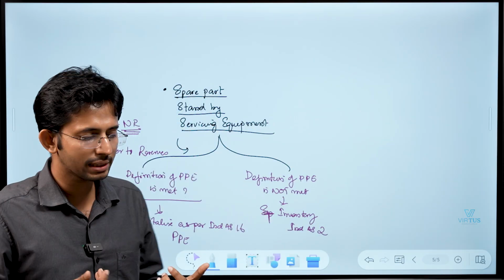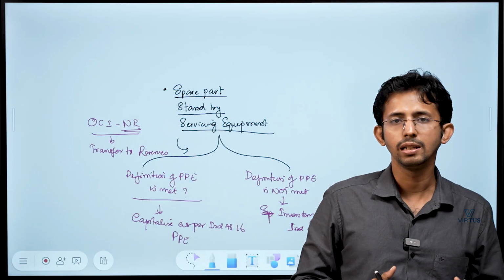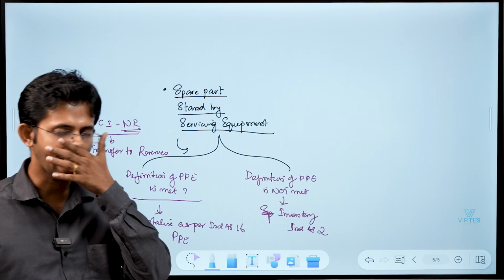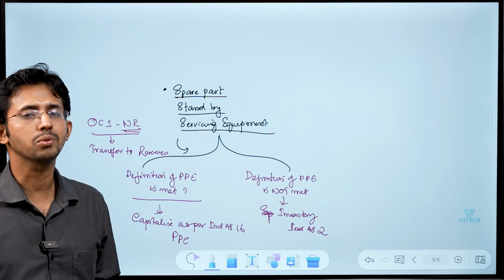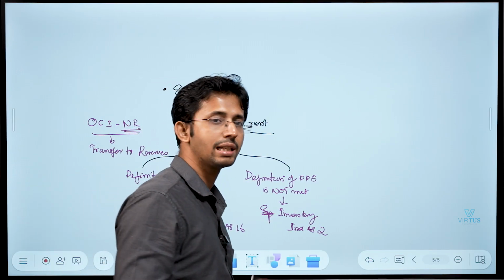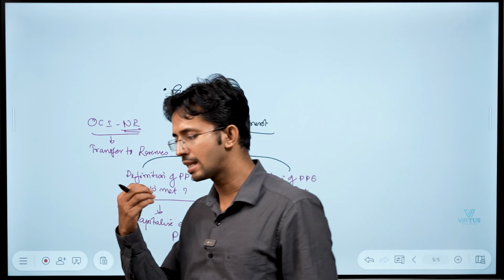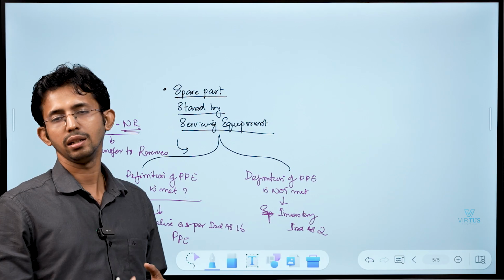Sometimes you might have purchased some land from the government for setting up a factory. The government, while allotting the land, told you that you can use it but you can't transfer it. So there is a transfer restriction. If there is a transfer restriction, that has to be disclosed.